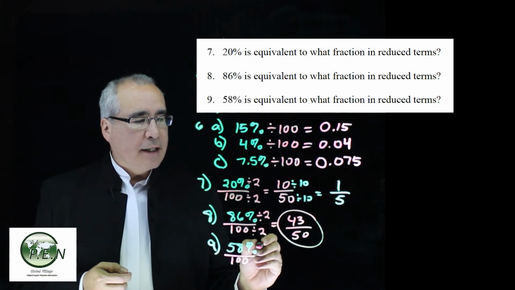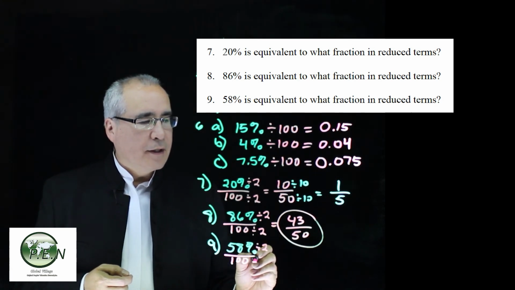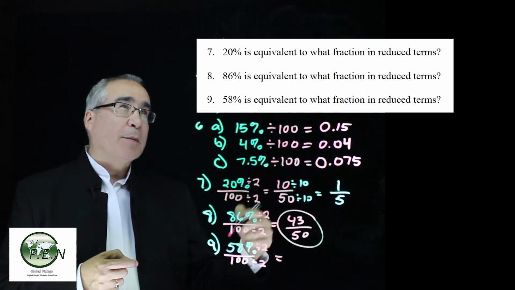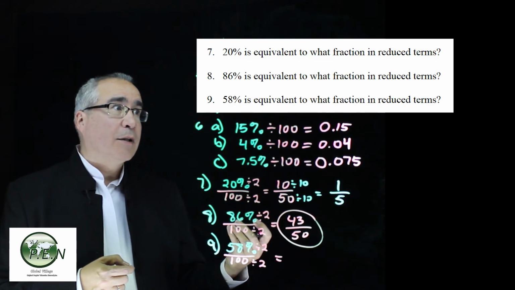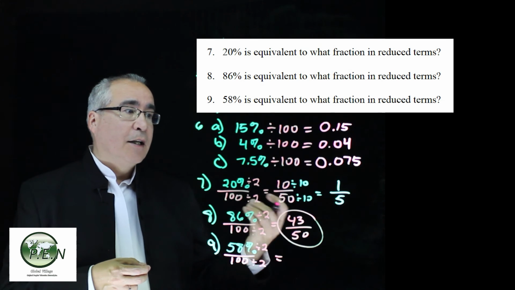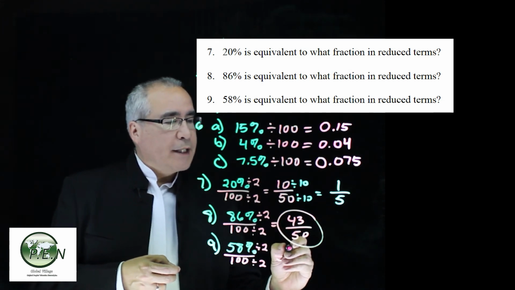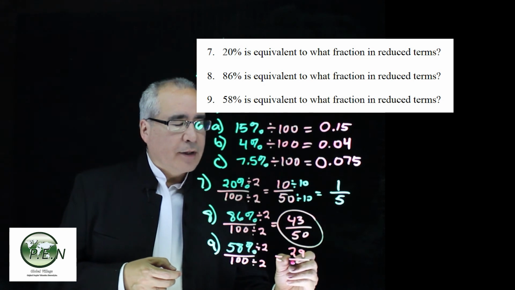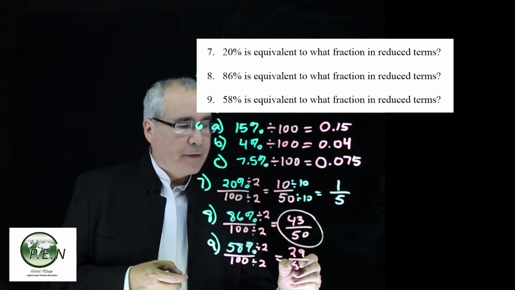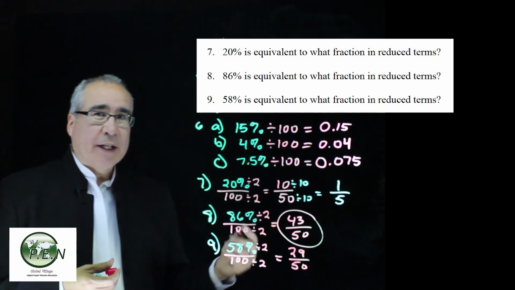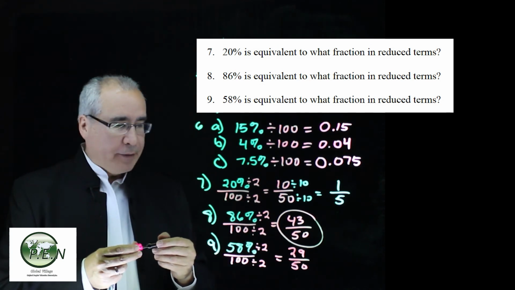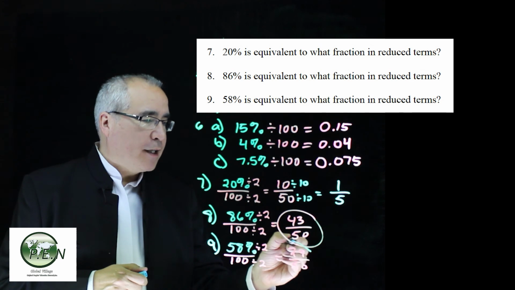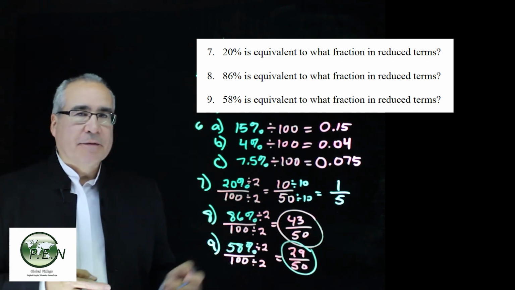I can see again that 2 goes into both of these, and 58 divided by 2 is 29, and 100, half of 100 is 50, right? And 29 is a prime number, so we're not going to be able to reduce it anymore. That's our final answer that we'll see there, the fractional form of 58%.